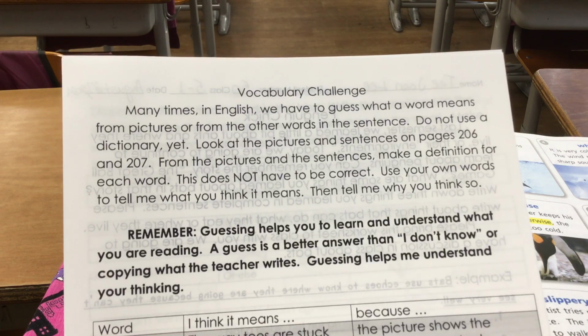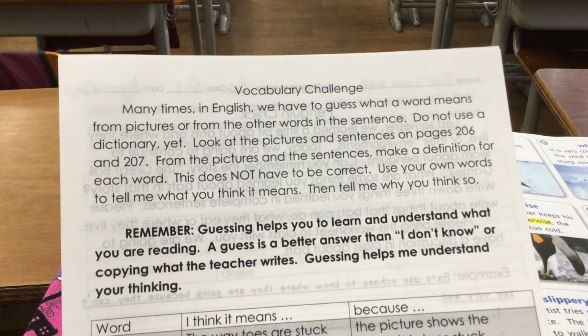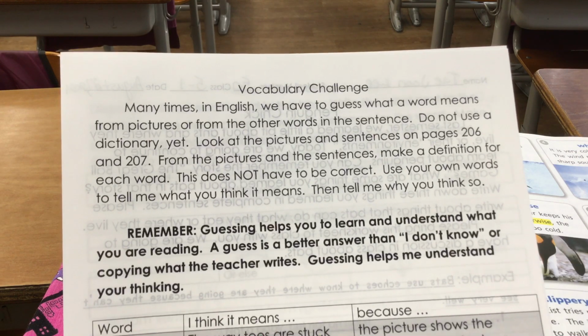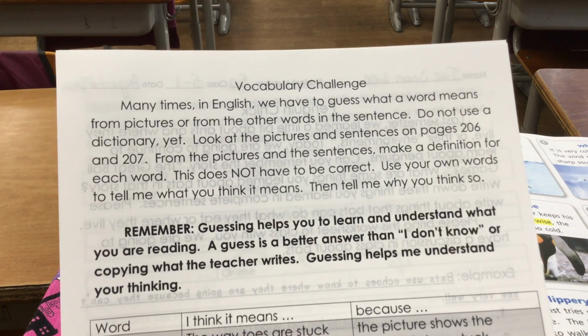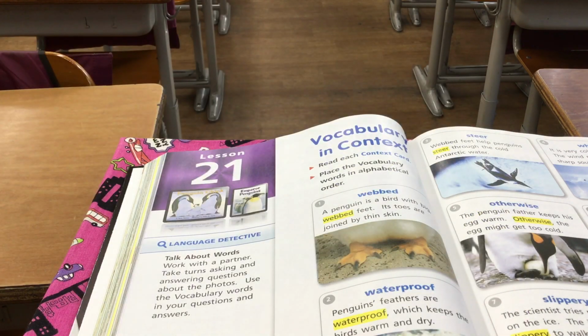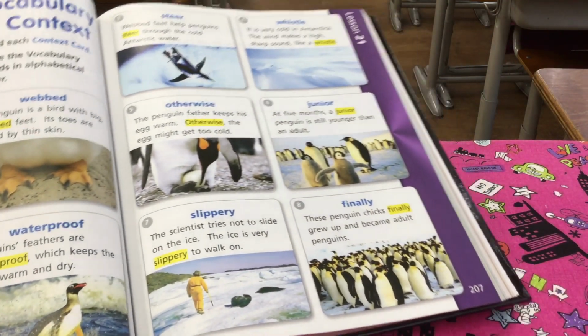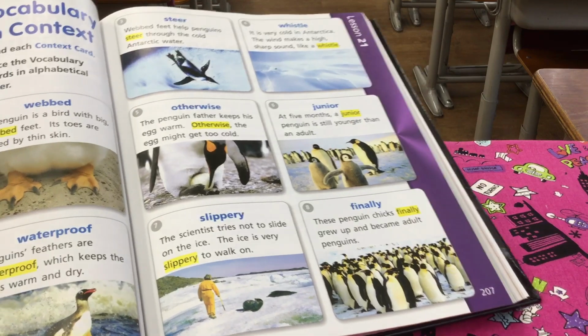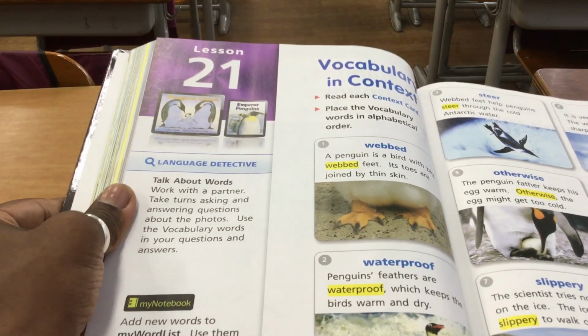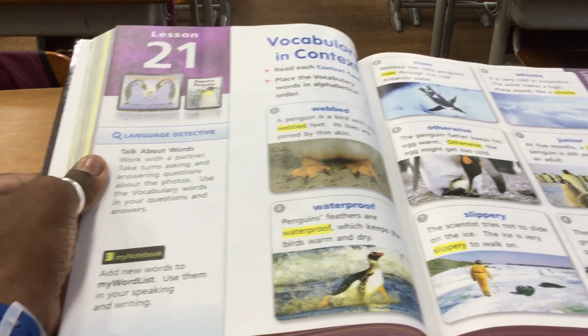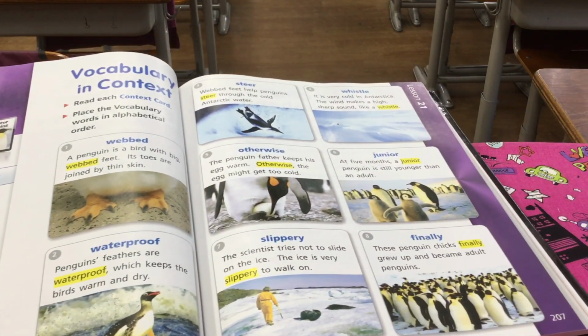All you're going to do is look at the pictures and sentences on pages 206 and 207. So that's these 2 pages that I have in front of me. Please remember that I will also have a copy of the PDF up for you since we are working with this story over the next month. Okay? So these are the 2 pages you need.